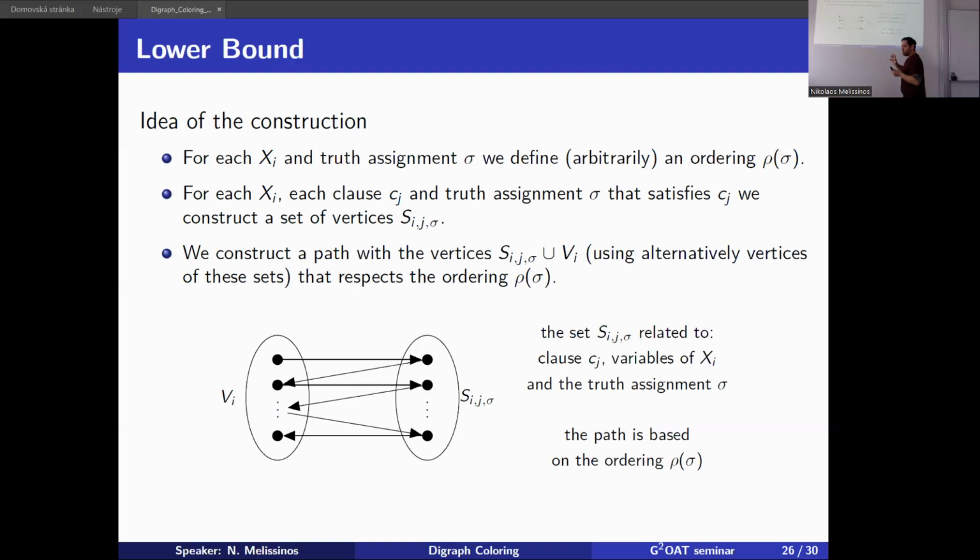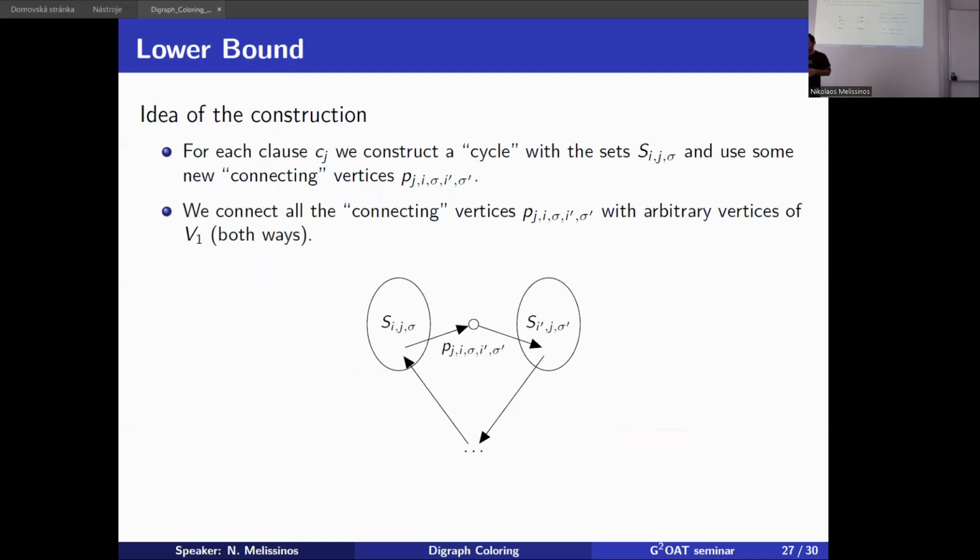Now, what we need to do is to relate these sets here with the clauses, and that's why we have the condition that this satisfies a clause. Now we take all of those sets that are related to a specific clause, and we try to create a cycle. How are we doing this?